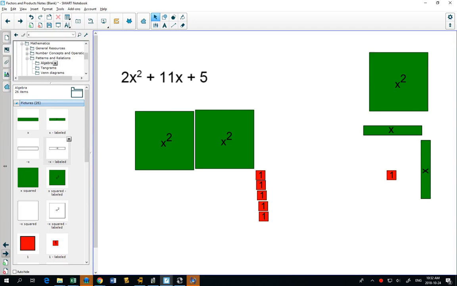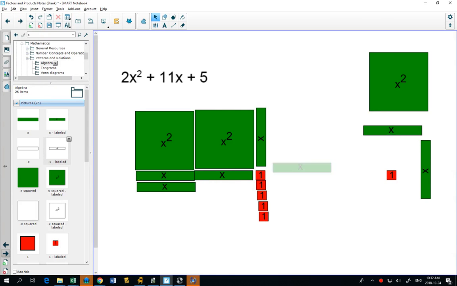I'll put my 5 ones like that, and I can put an x here. Good thing I didn't pick a bigger number. This would take forever.